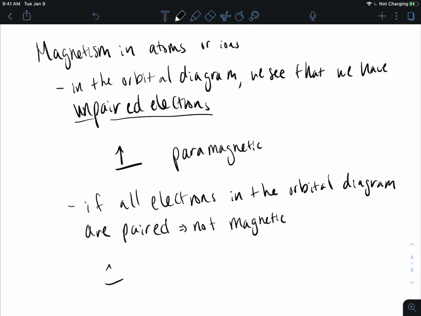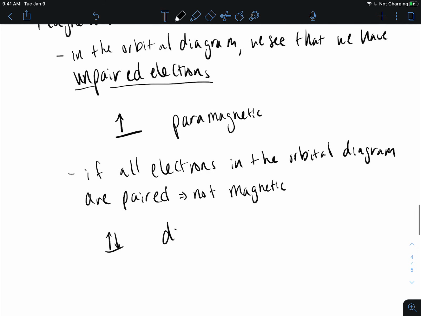So here we have all of them paired like this, and we call this diamagnetic. So this one will not align, or it will actually be repelled by a magnetic field. This will align with that magnetic field.